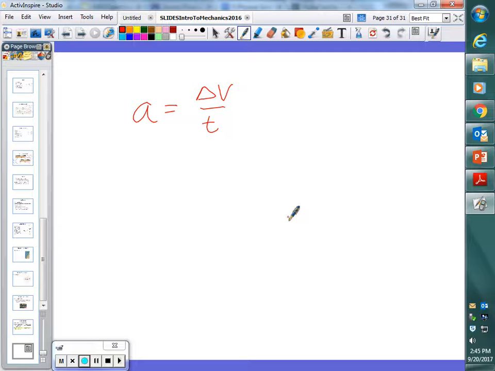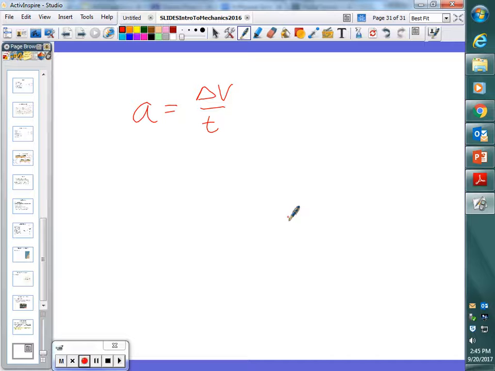That's how we calculate the acceleration, delta v over t. We said delta means what? Change. In order to figure out the change in anything, what do you need to know? Initial and final. How did it start? How did it end?